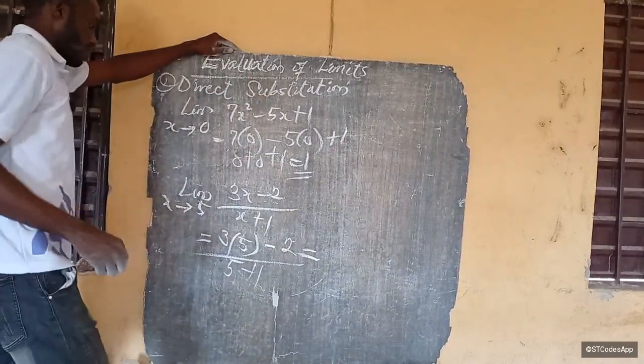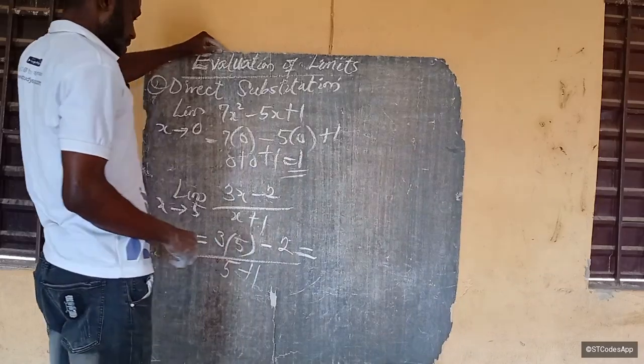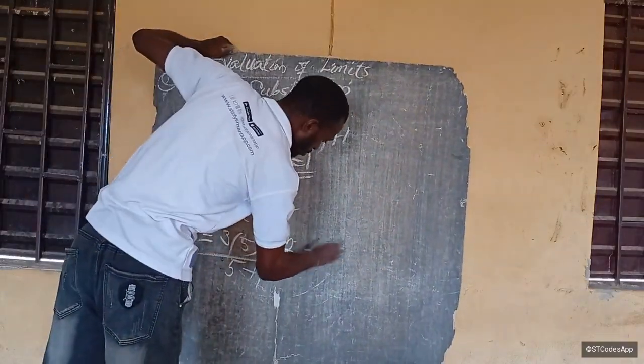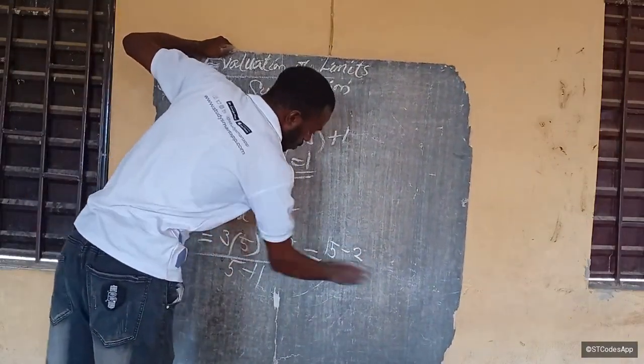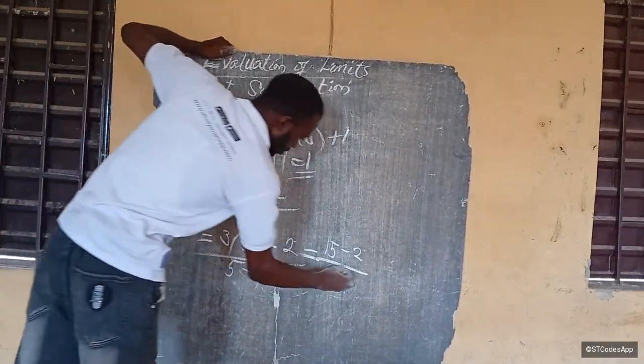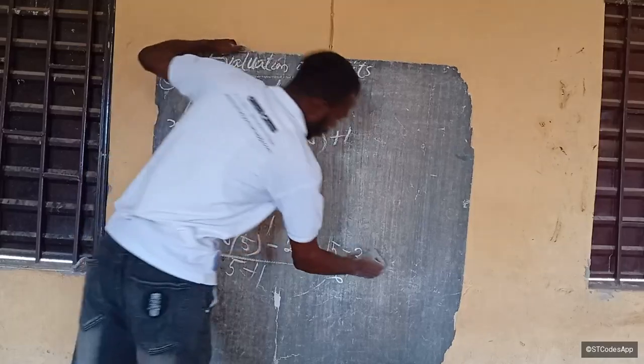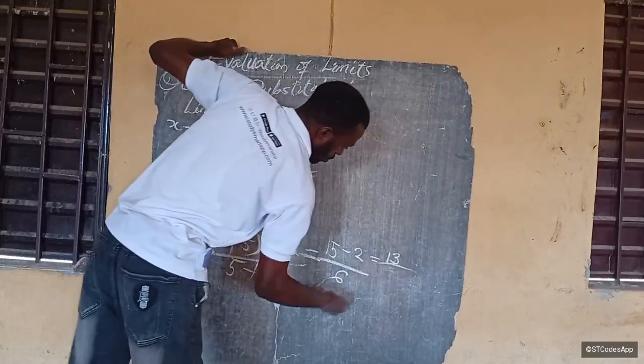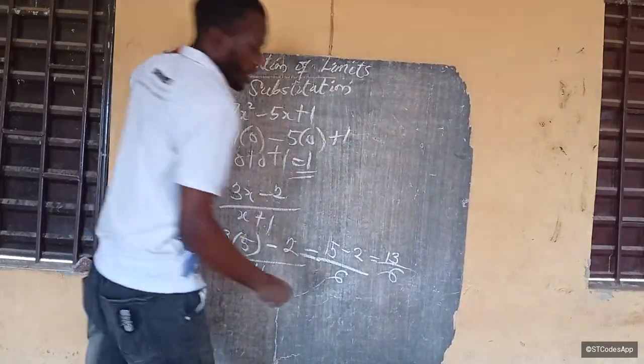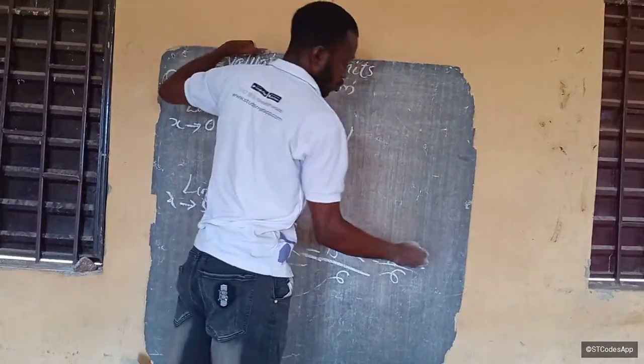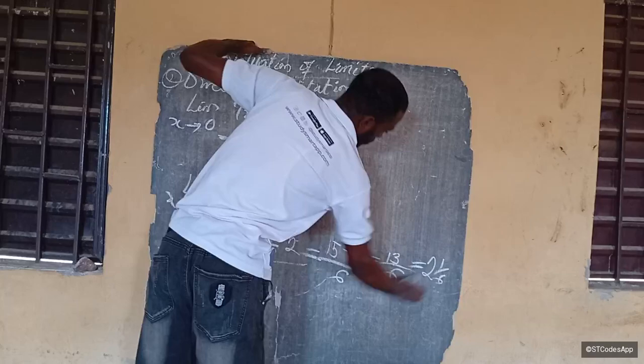This becomes 15 minus 2 over 6. This becomes 13 over 6.